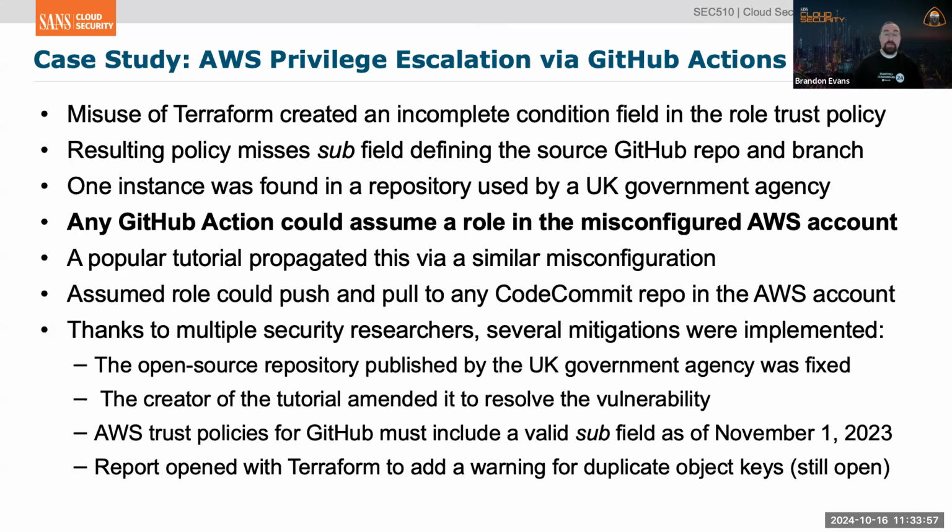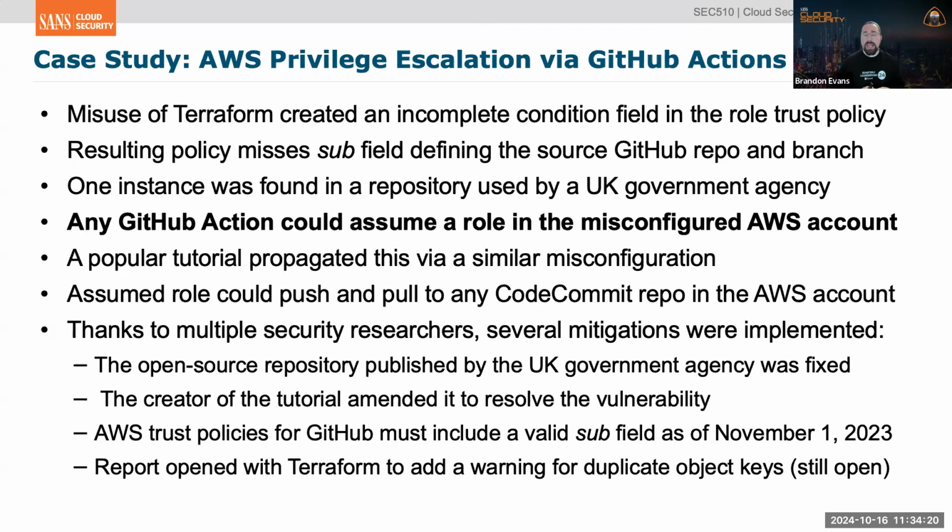Now, thankfully, because of a variety of different security researchers, they were able to fix this issue in the UK government agency's GitHub repository, because they were one of the organizations that followed this tutorial, it seems. They were able to get the creator of the tutorial to fix the issue very, very quickly, impressively quickly.